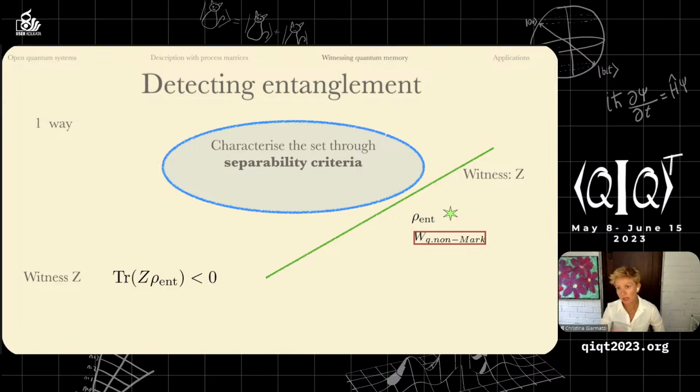So now let's go to the perspective of process matrices. A process matrix with quantum non-Markovian noise, so it has a quantum memory, will be outside of this set. And we can find a witness for it. So it's an operator that you apply and you get something negative.